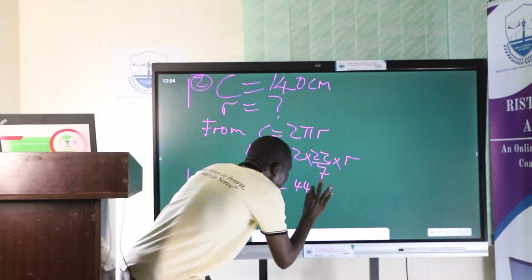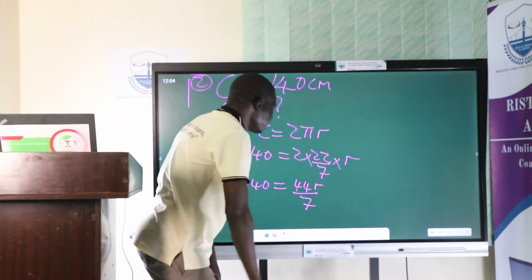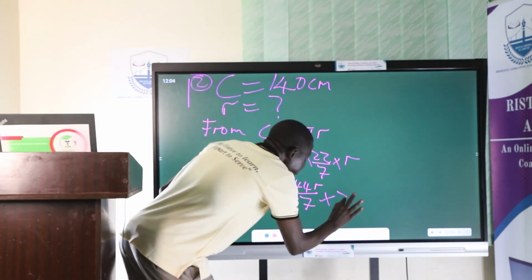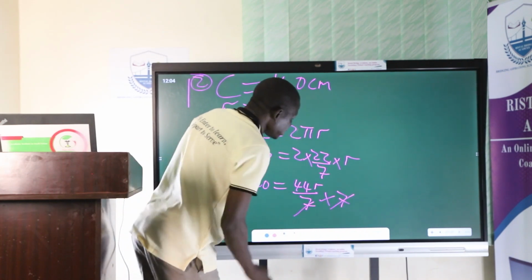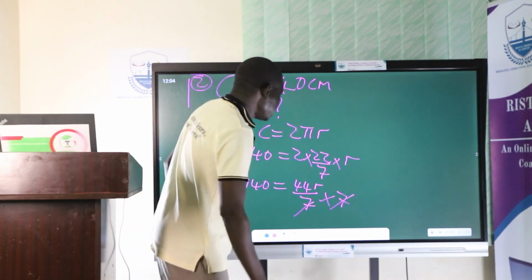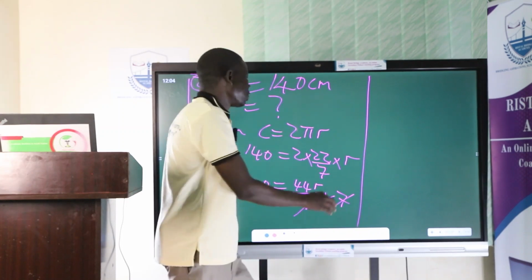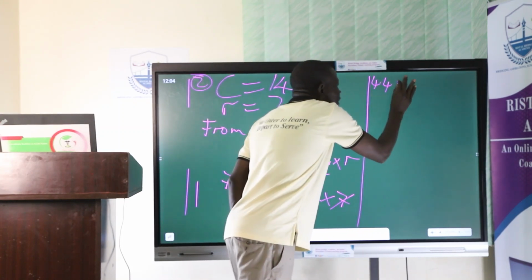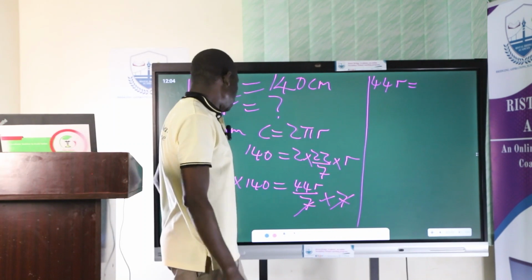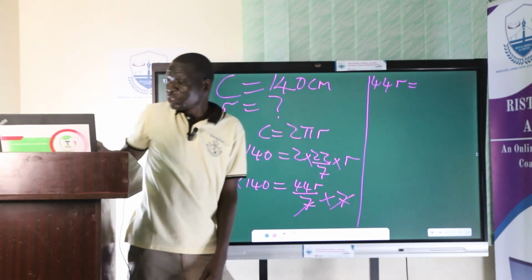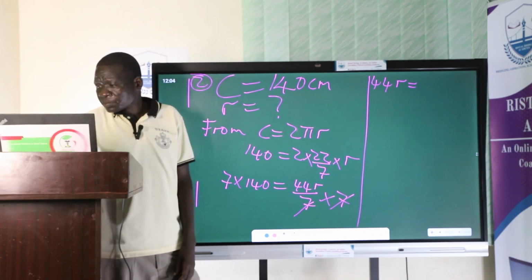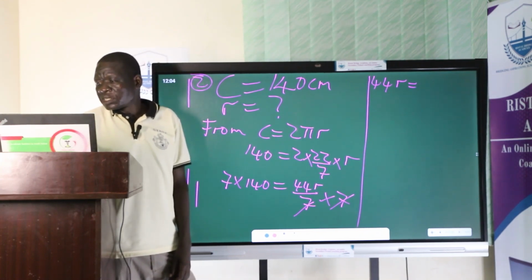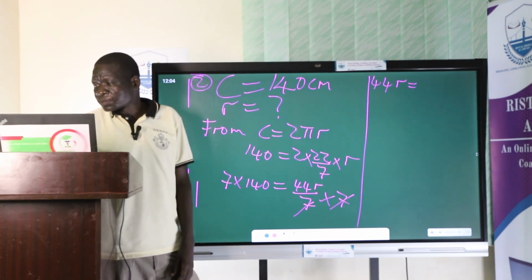The 7 will cancel the 7, and we shall now be left with 44r is equal to 7 times 140. 7 times 140, we get 980.